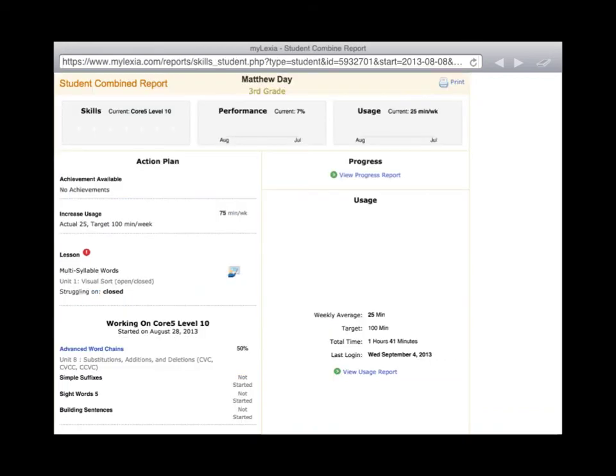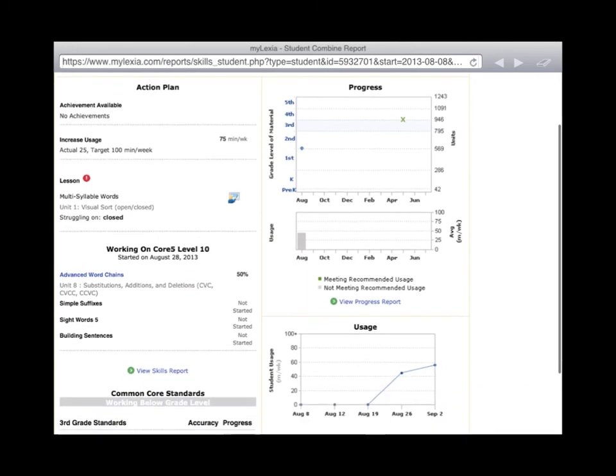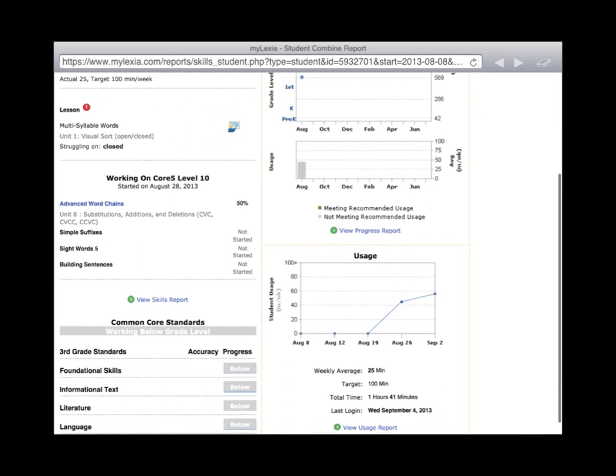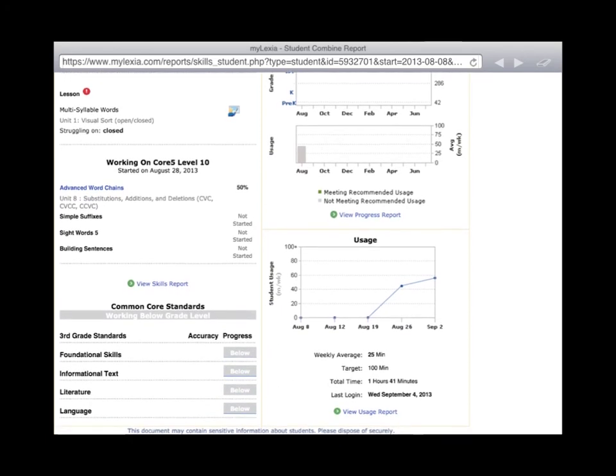And it shows where he is, where he needs to be, that he has a target of 100 minutes per week, that his lesson is on multi-syllable words, and it shows where he is at this point on the Common Core standards, that he's working below grade level.